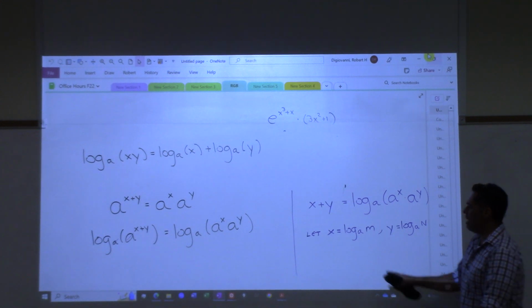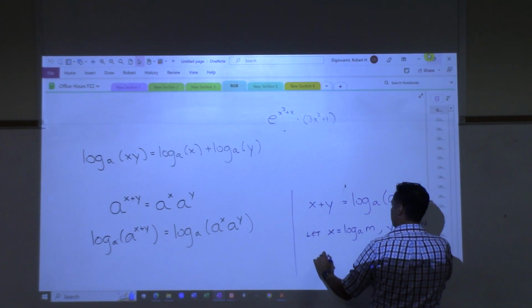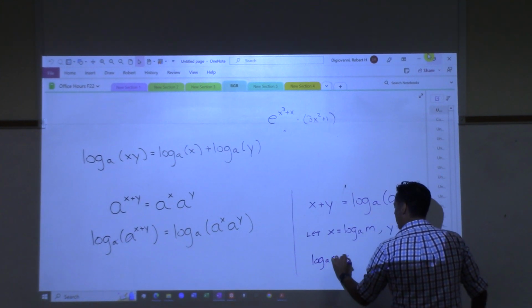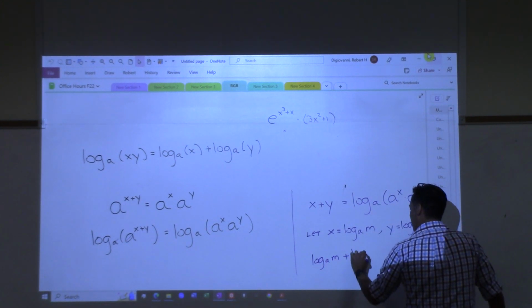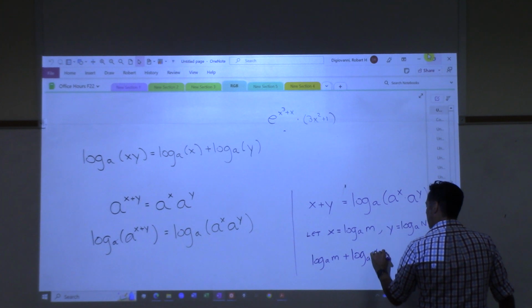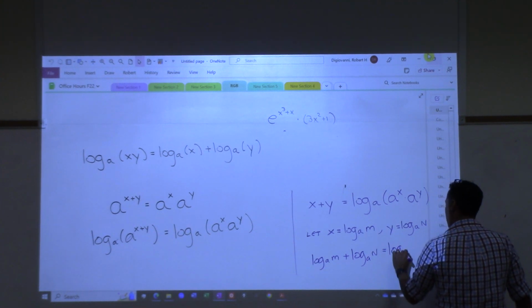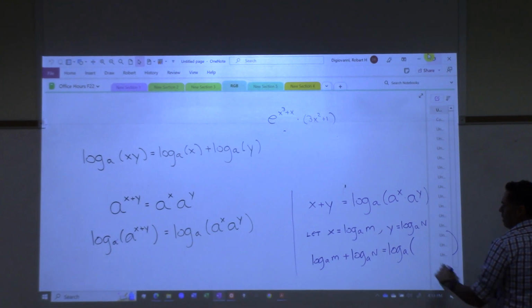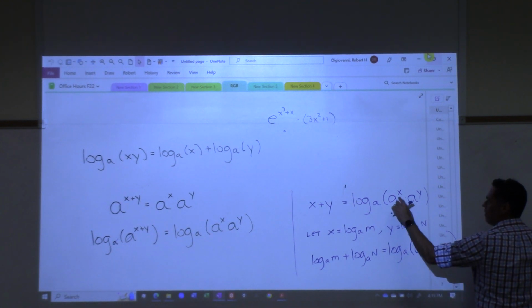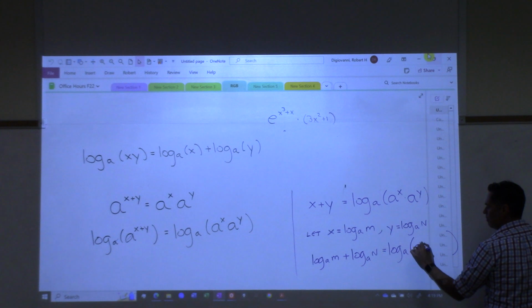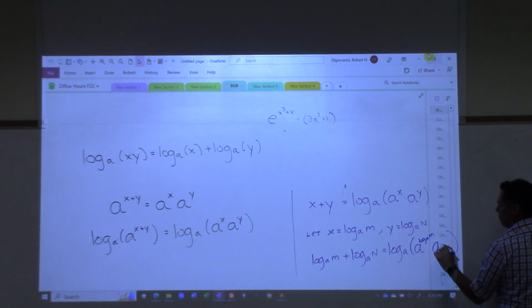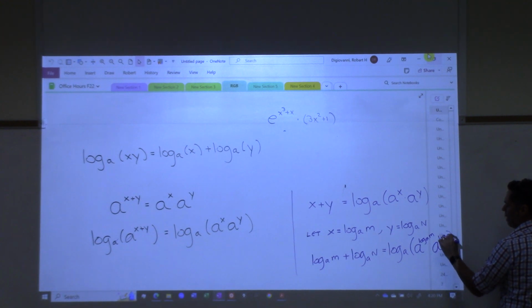So on the left-hand side, what do we get? x is log base a of m plus y, which is log base a of n. That must equal log base a, and now here's the really interesting part. This is a raised to the x, but what's x? Log base a of m, and then I have a raised to the y, which is log base a of n.